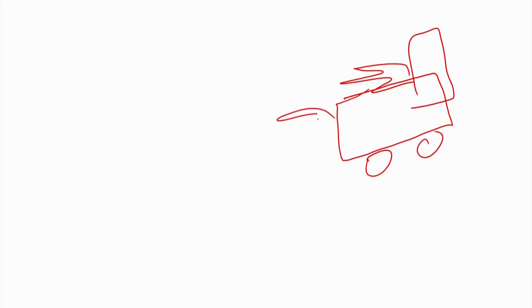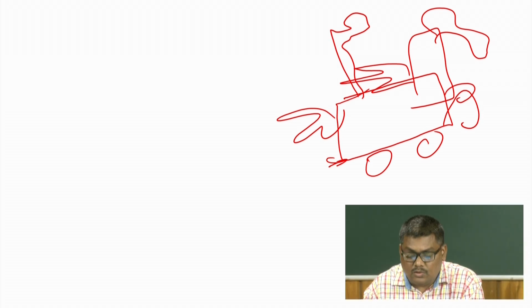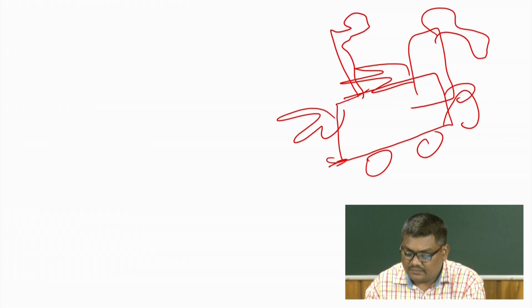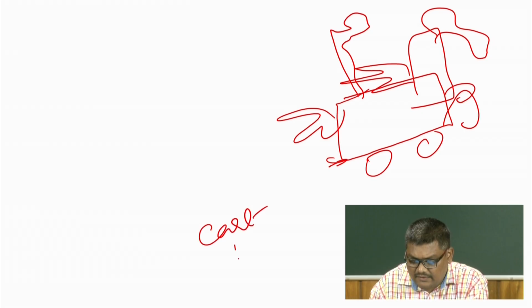Look at the image that I am drawing. What does this image look like? Most of you will be able to tell me it is some kind of a cart with wheels.